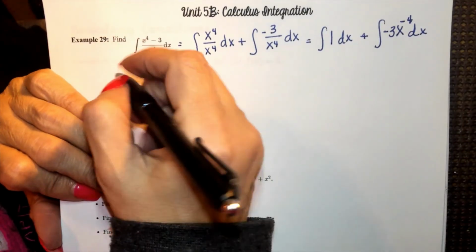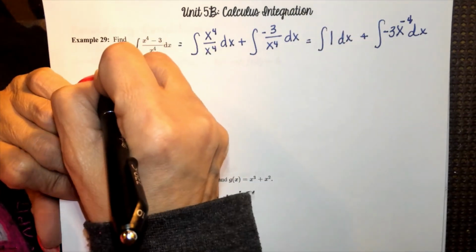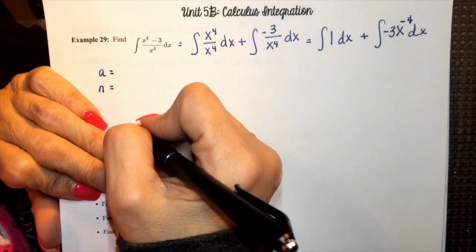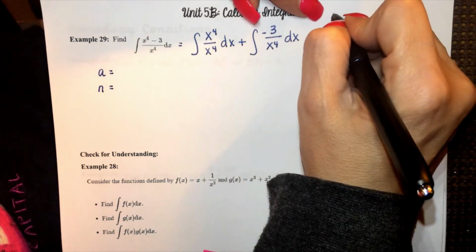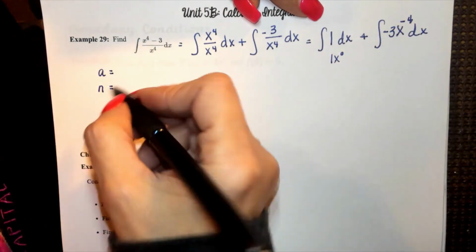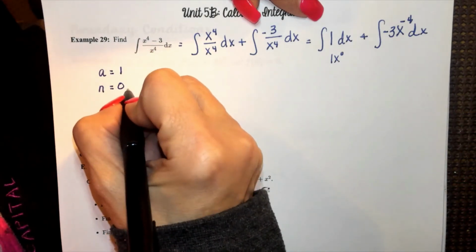All right, so on this one, I would want to label what my a is and what my n is. When I look at this one, it's kind of like 1 times x to the 0. It's like it's not even there. So my a value is 1, and my n would be 0.